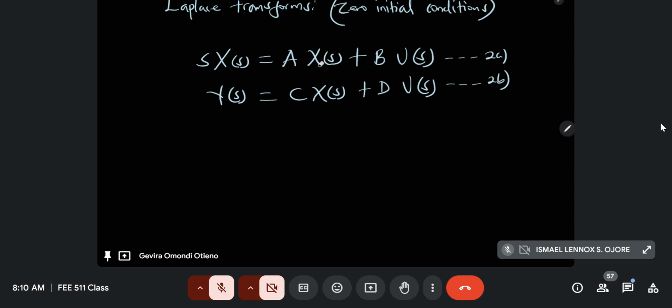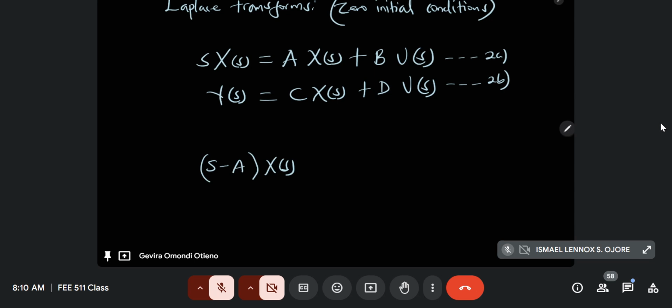So what that means is, if I take this x of s, and of course I'm taking the whole term A x of s to the other side, then we have to get the inverse. So usually for matrix manipulation, I want to make x of s the subject of the formula. Now I know typically you think that this should be s minus A x of s.